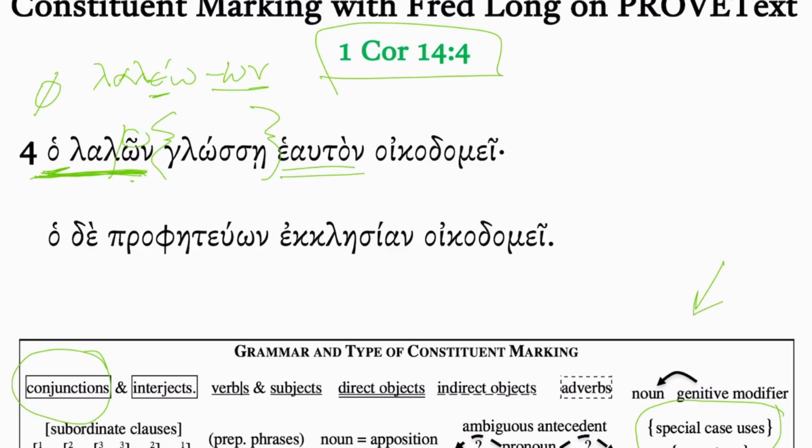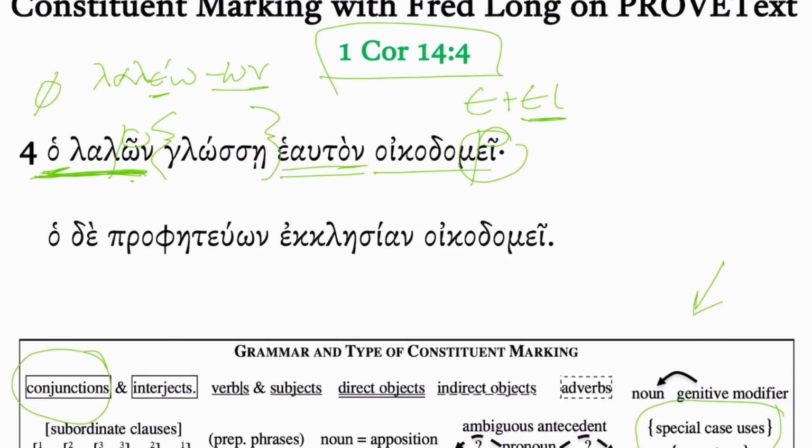Ikodomi is from ikodomeo. This is an epsilon contract with an epsilon, and the ending is e, and we see that circumflex there. This is present active indicative third singular, and e auton is double underlined.